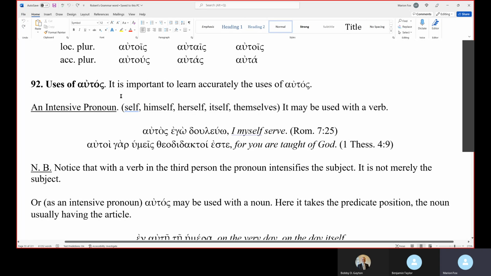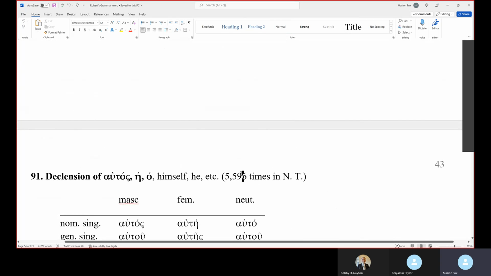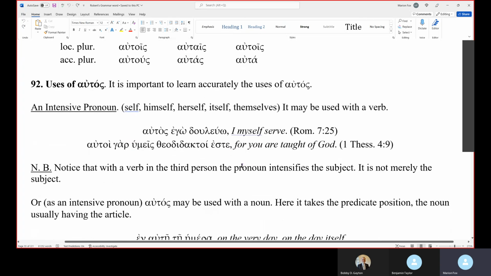The use of autos is important. This gets a little touchy, but remember we have nearly 5,600 times the word is found. So it's kind of important to struggle with these a little bit. Autos, egō, douleuō. Now right here, this is I, and every time you have egō, it's always emphatic. Douleuō, because the ō ending already has the word I in it.